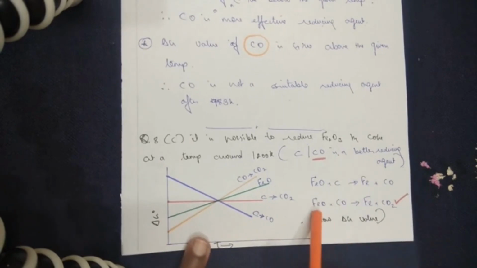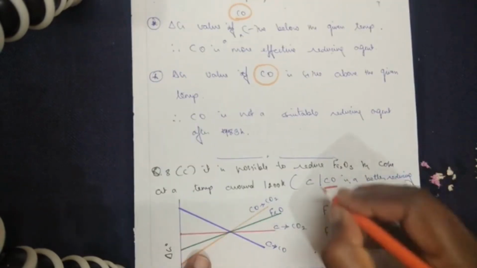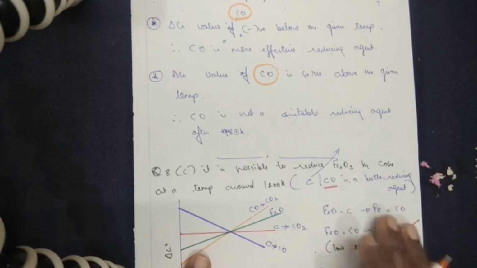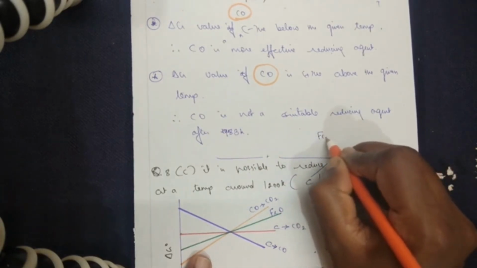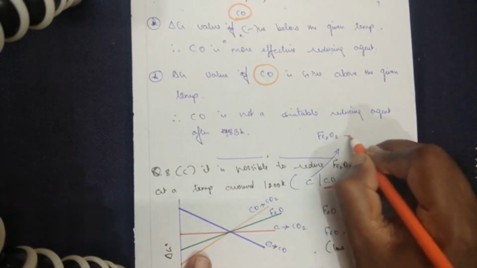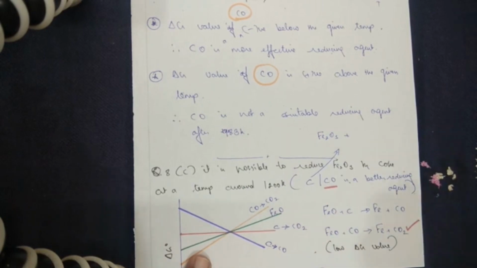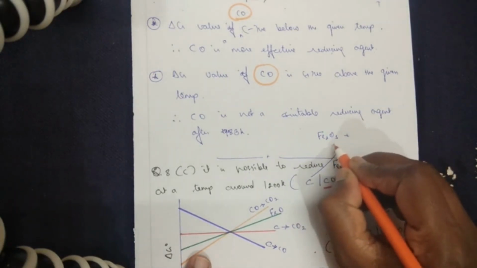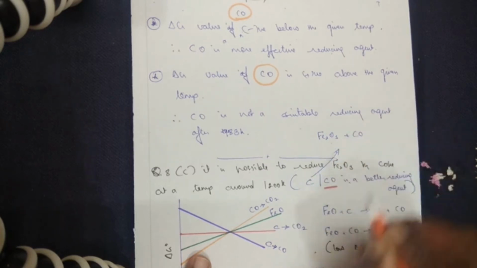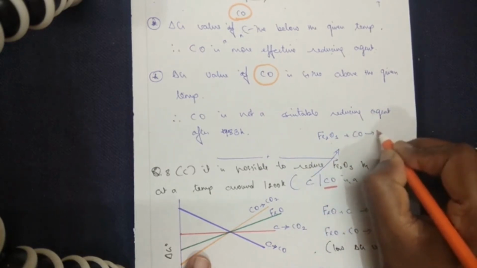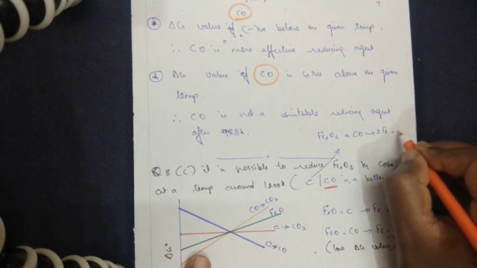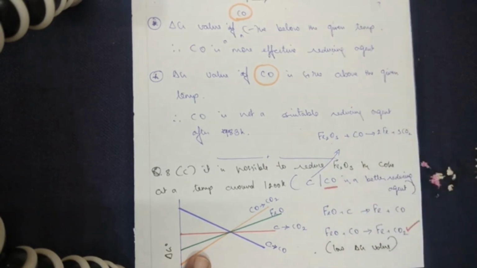I'm writing it here. You are taking the iron oxide after the removal of water molecules and after the removal of slag, the leftover is pure iron oxide. When you treat it with carbon monoxide, you get iron plus 3 molecules of carbon dioxide.